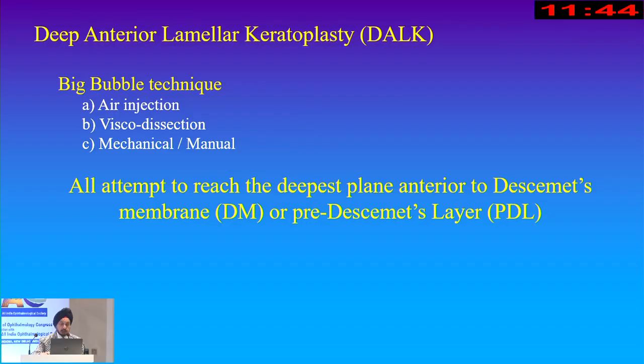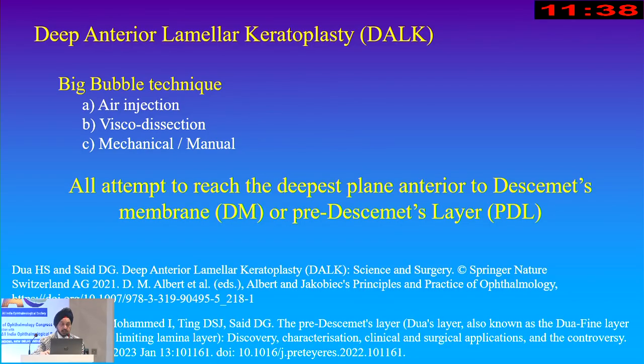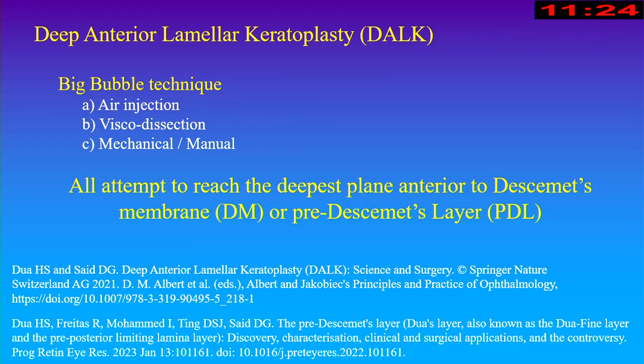All of them attempt to reach the deepest plane, as deep as you can, to the pre-Descemet's layer or the Descemet's membrane. And a lot of information on the techniques and this science and surgery are in these two references. The first one is a book chapter, and the other is in Progress in Retina and Eye Research, which is free to download from the internet.